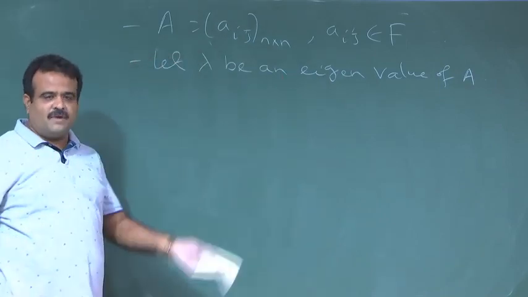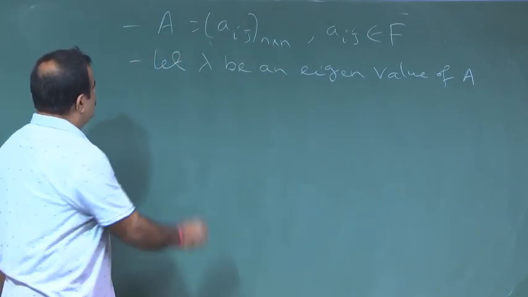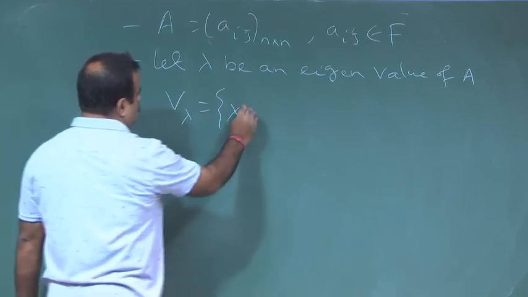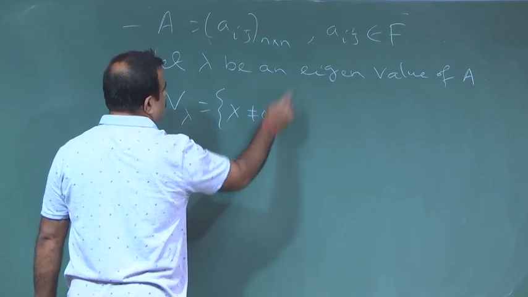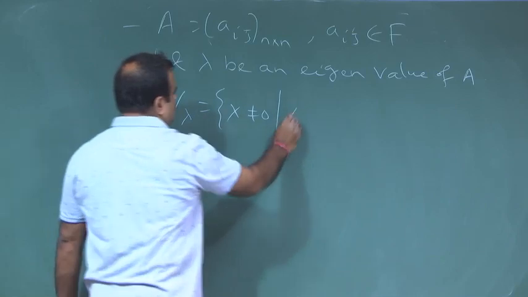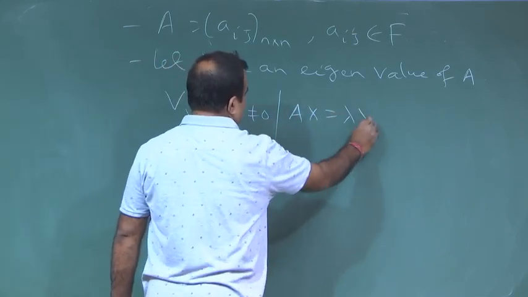So, it has many eigenvectors. So, the set of all non-zero vectors, coming from the same field, such that A x equal to lambda x.